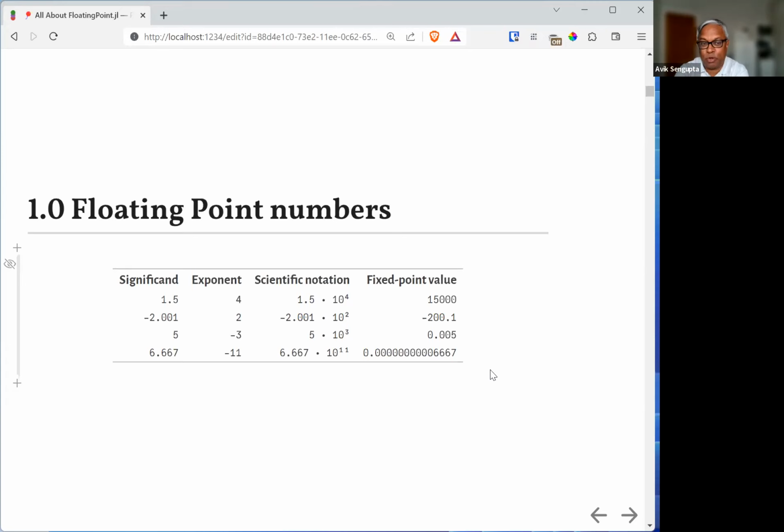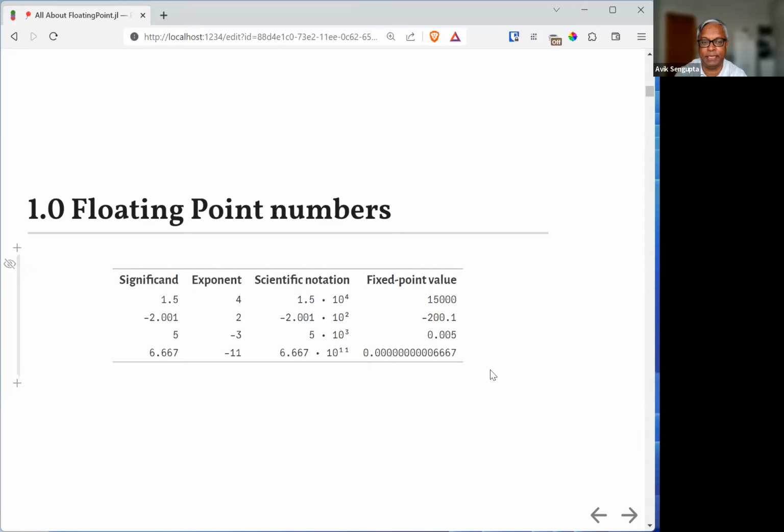So that's really what floating point means, in that you have a constrained range for the significant, and the size of the number is really in the power or the exponent that is used to write it out, right?